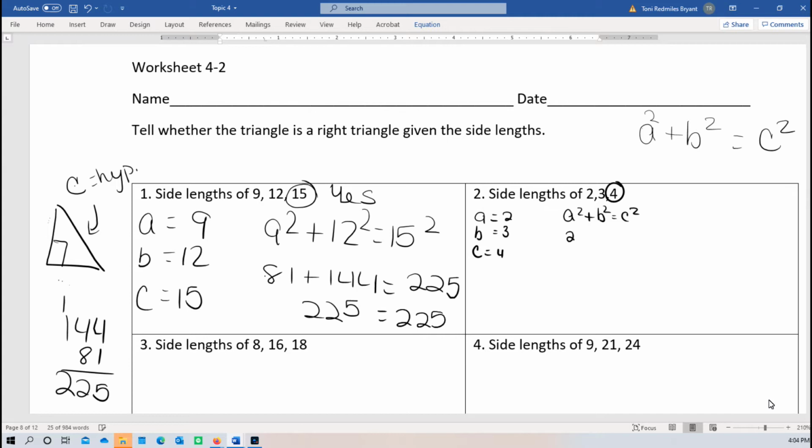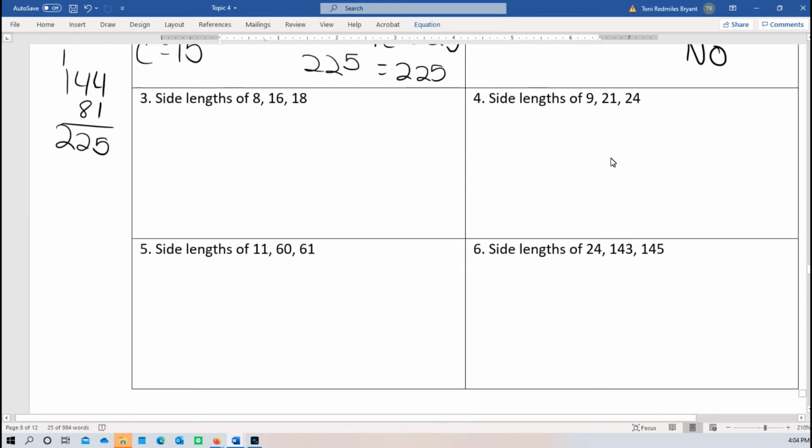It's 2 squared plus 3 squared equals 4 squared, which is 4 plus 9 equals 16. 4 plus 9 equals 13. 13 does not equal 16, so no, this is not a right triangle.